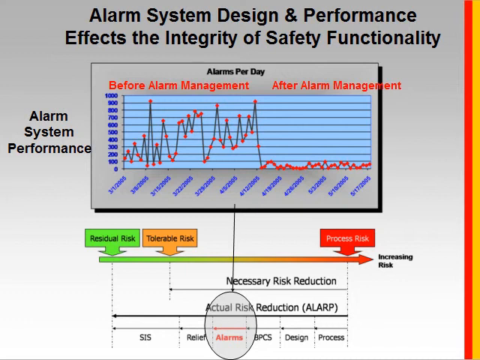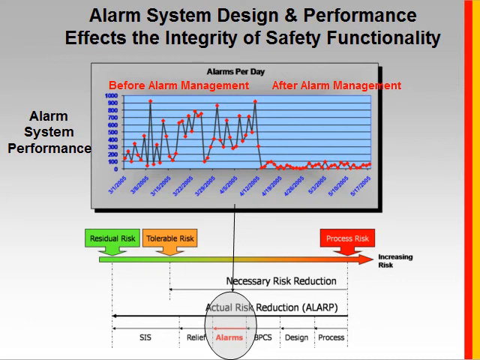And here we're looking at some actual plant data from 2005 from an ethylene plant in the Houston area, and we can see the number of alarms per day before an alarm management program was implemented and then after the program was implemented.